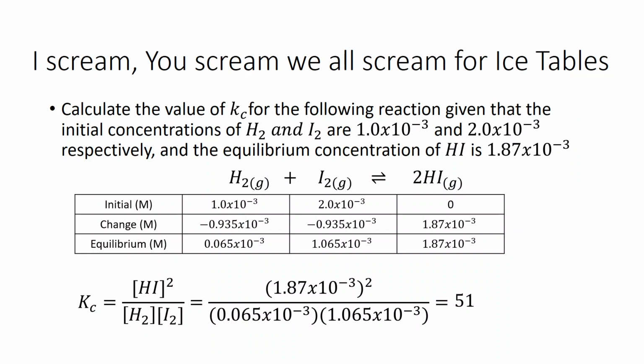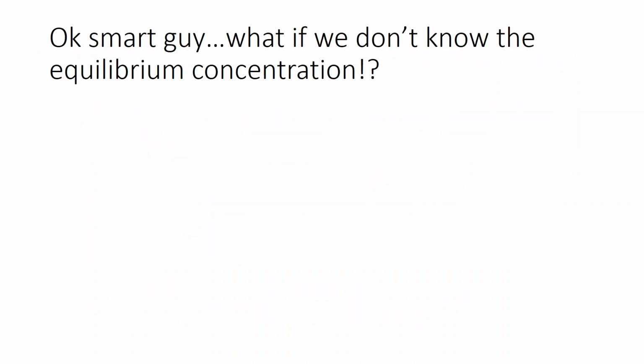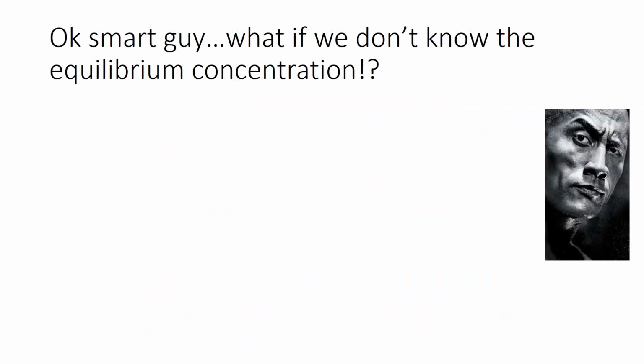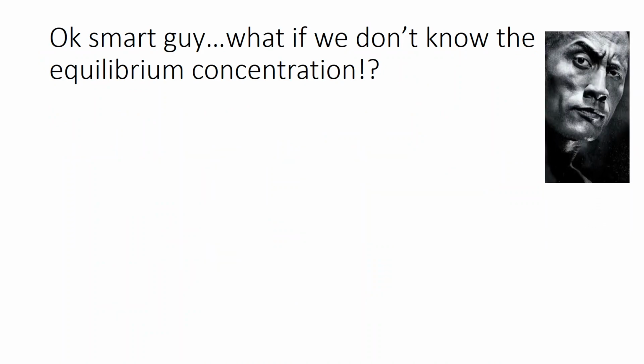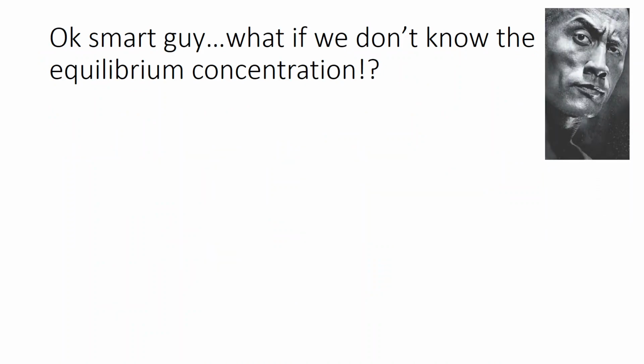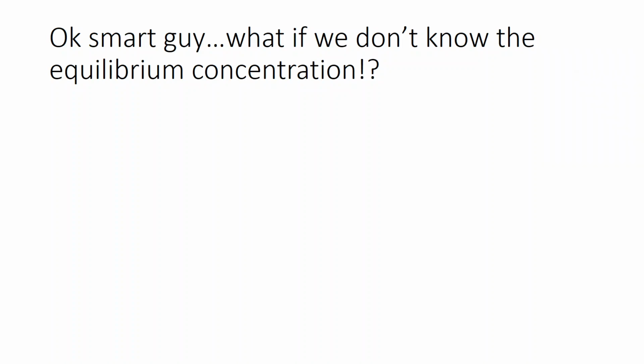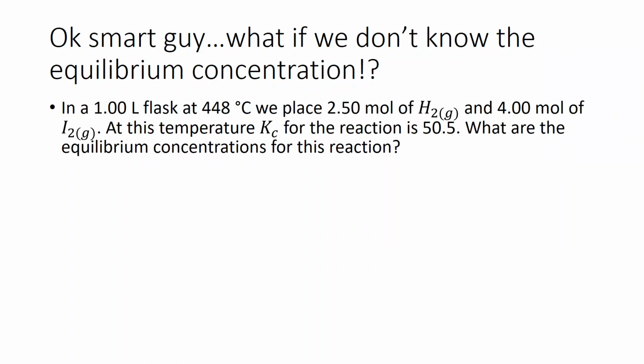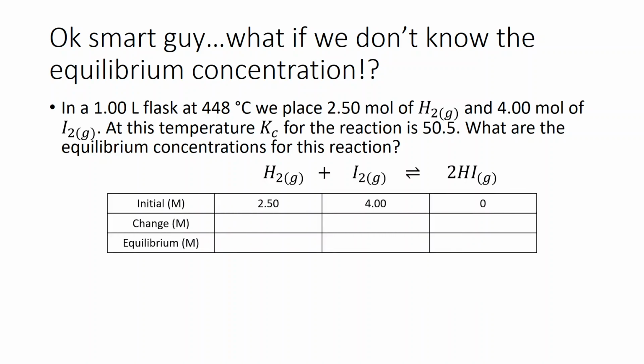At this point, I think you're probably asking, what if we don't know the equilibrium concentration? What do we do then? Well, we still write an ICE table, which we have here. We still fill in our initial concentrations, because chances are we know how much of our reactants we put into our flask.